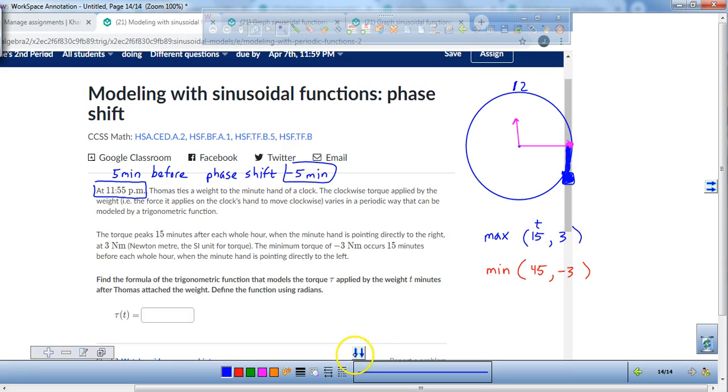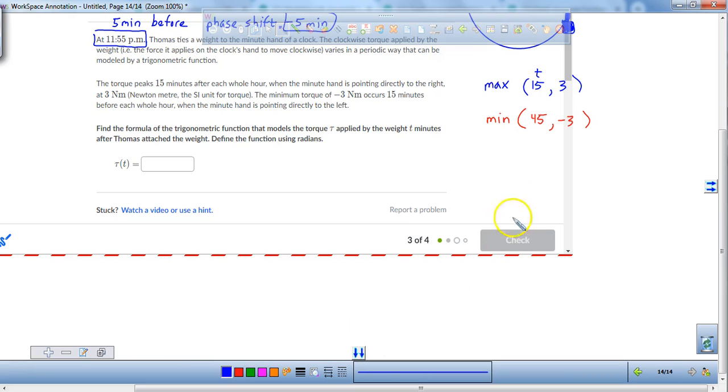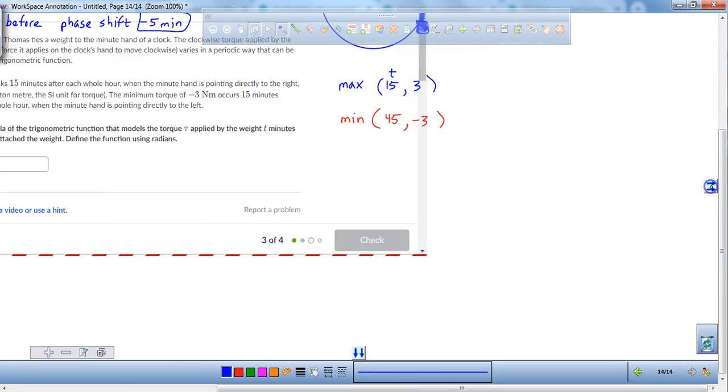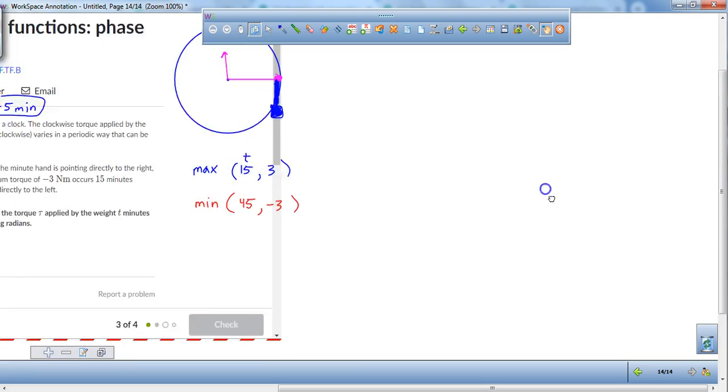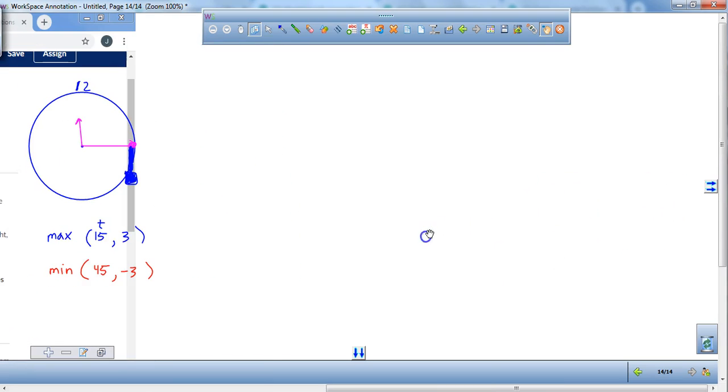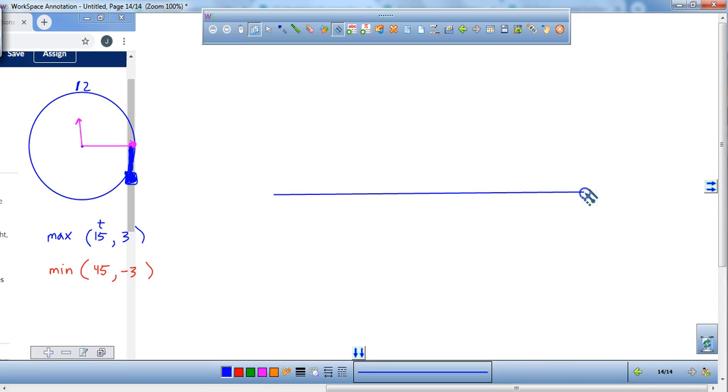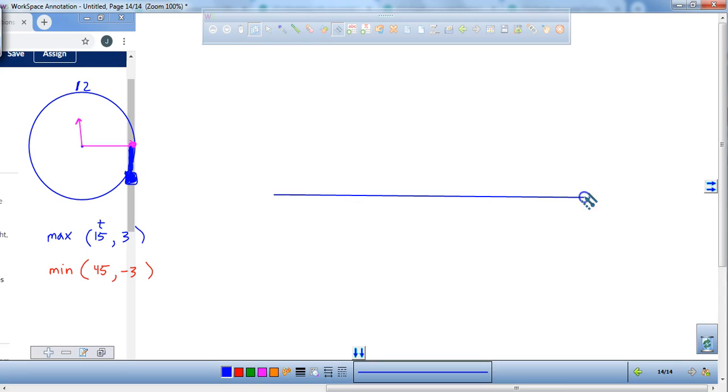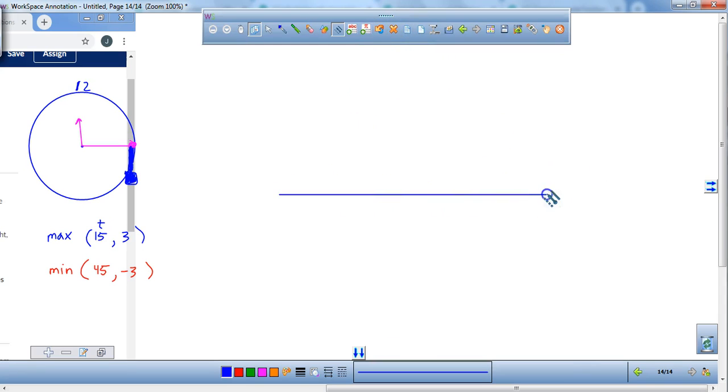So I'm going to draw a little graph here, and then we're going to take this graph and apply what it looks like. All right, so let's think about this. If we have a sine graph, this kind of follows the period of a sine graph.